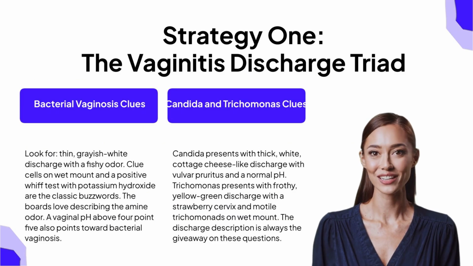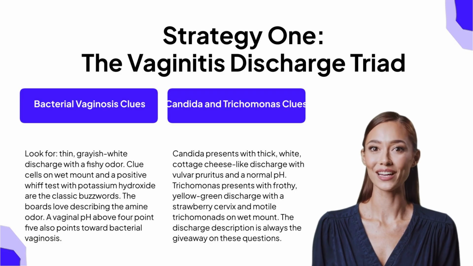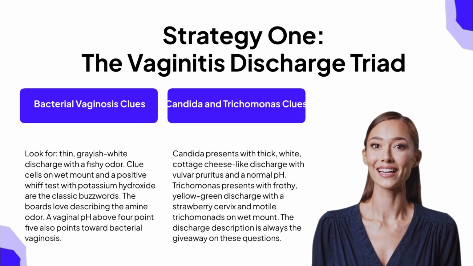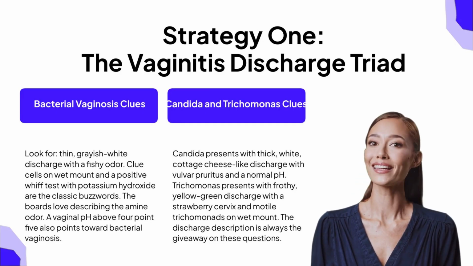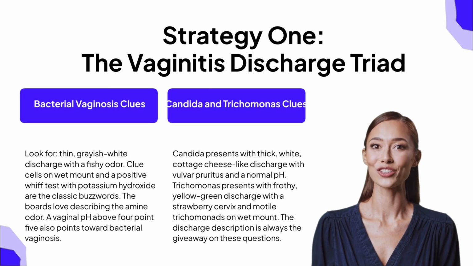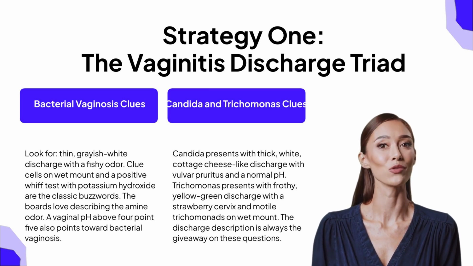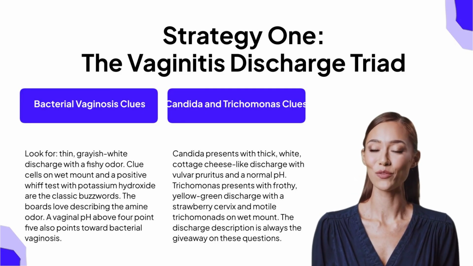Our first strategy is learning the vaginitis discharge triad. The boards test 3 types of vaginitis over and over, and the key is matching the discharge description to the diagnosis. For bacterial vaginosis, the buzzwords are thin, greyish-white discharge, fishy odor, clue cells on wet mount, and a positive whiff test. The pH is above 4.5.